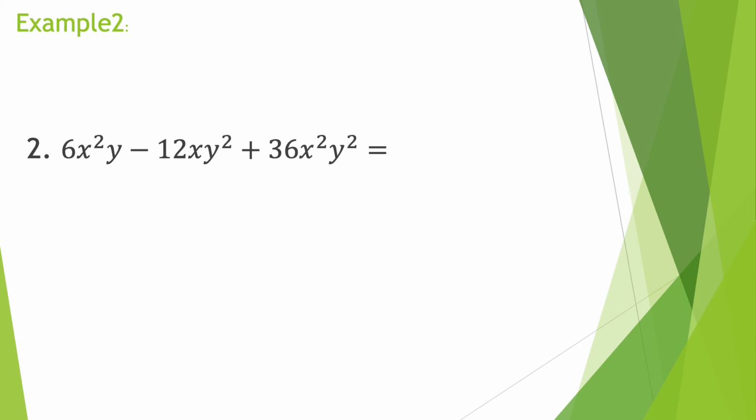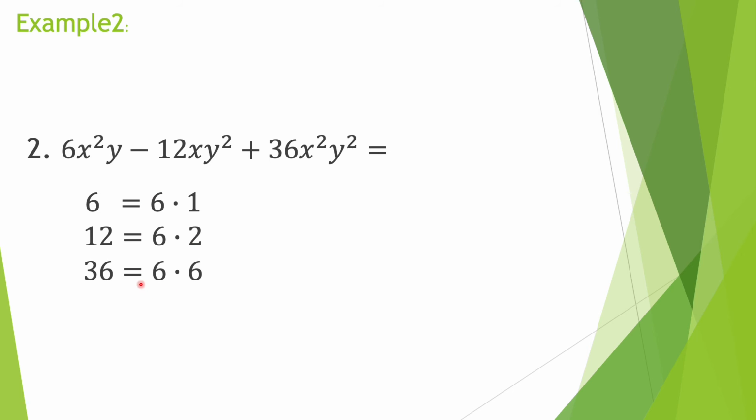Another example, 6x squared y minus 12xy squared plus 36x squared y squared. Ulitin natin, kukunin muna natin yung factor nila, numerical factor. So we have 6 times 1 for 6, 6 times 2 for 12, then we have 6 times 6 is 36.